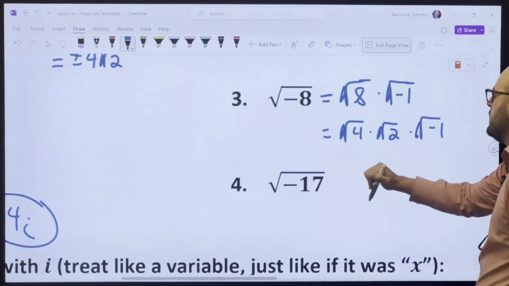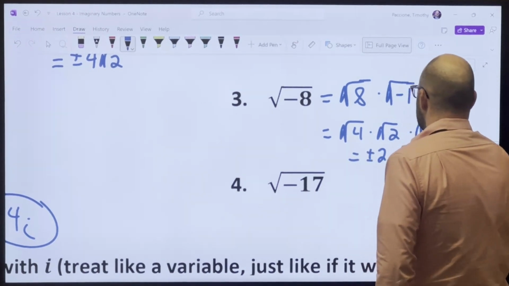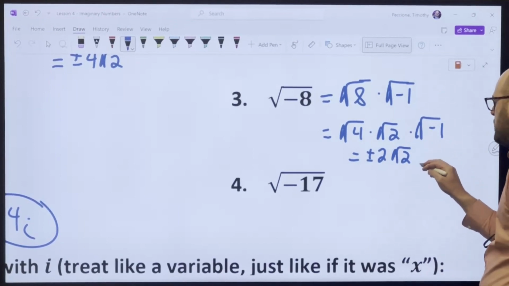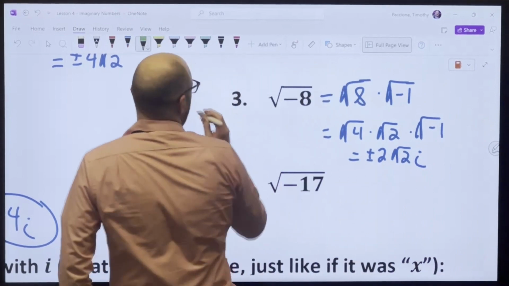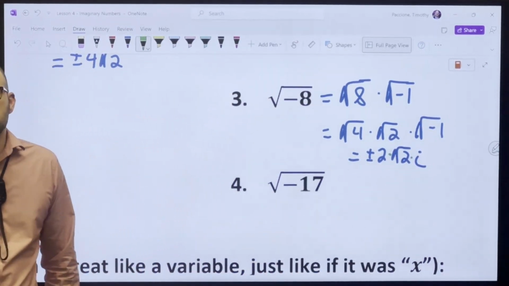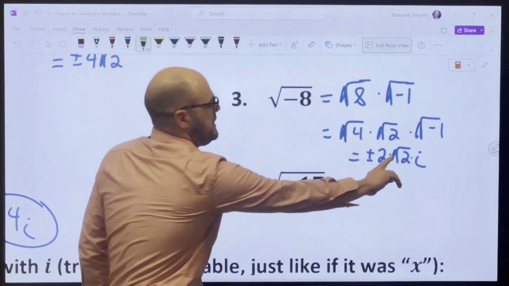So square root of 4 is plus or minus 2, square root of 2, and then what's square root of negative 1? i. Now, what is this saying? It's just saying this times this times this, right? So what I would suggest is you pull the i out front, flip these two.